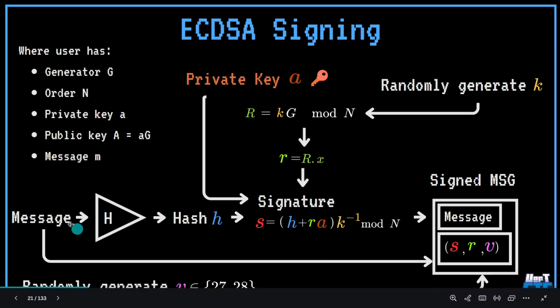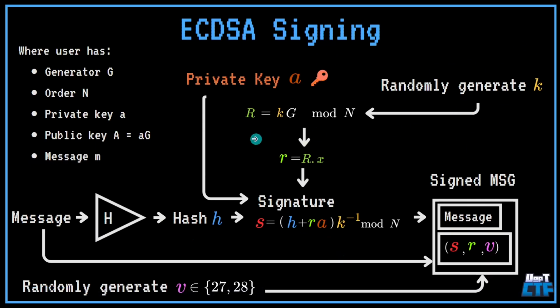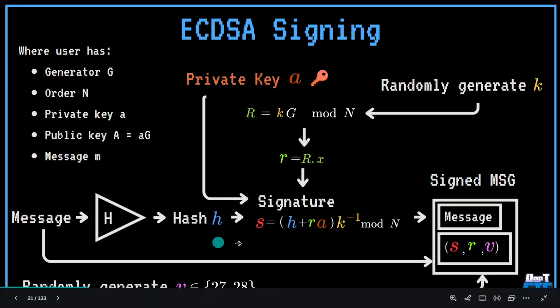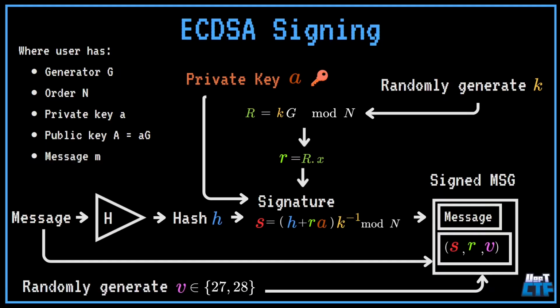You have your message, you hash it, and then you have a randomly generated k, which creates a point R that is going to be somewhere on the curve. You take the X value of R, and then you compute the signature like this. You would also generate a value V, which corresponds to the positive or negative side of this point.